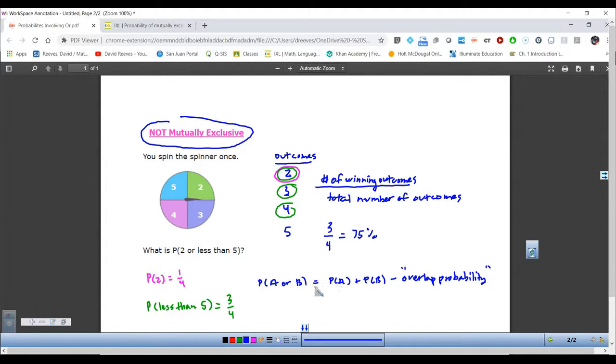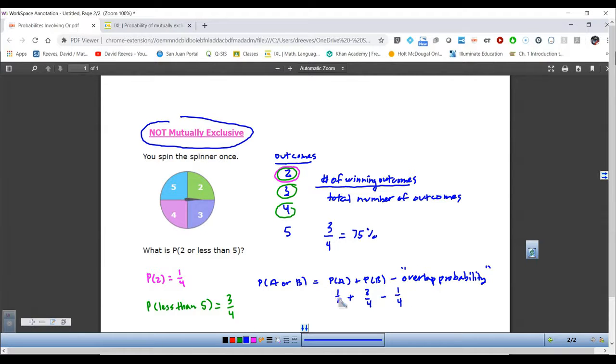So the probability of getting a 2 was 1 out of 4, and the probability of getting a number less than 5 was 3 out of 4. But how many overlapped? How many were circled in both colors? 1 out of 4, right?